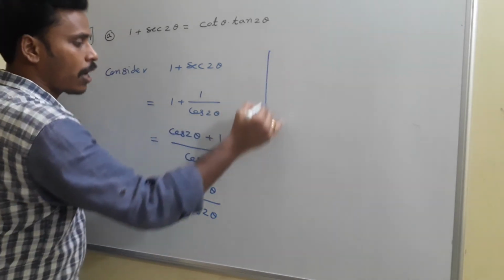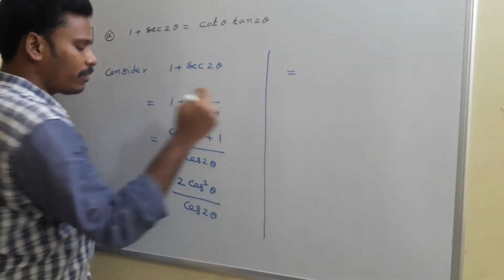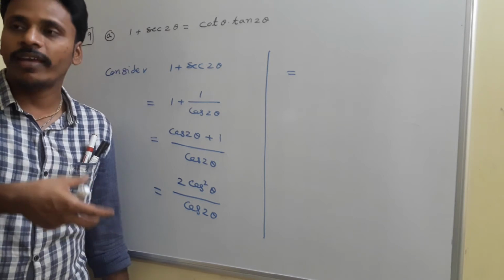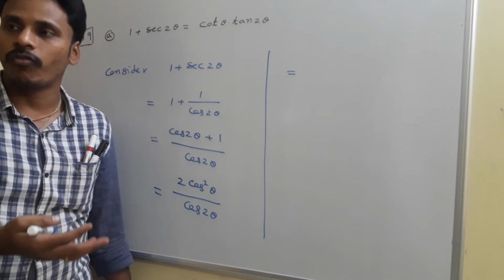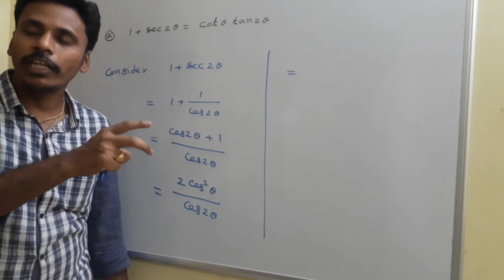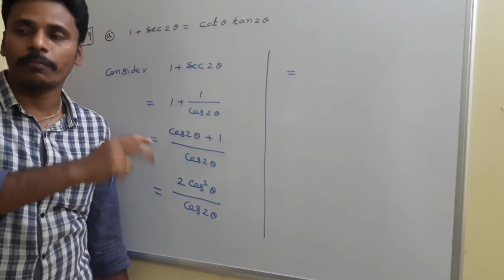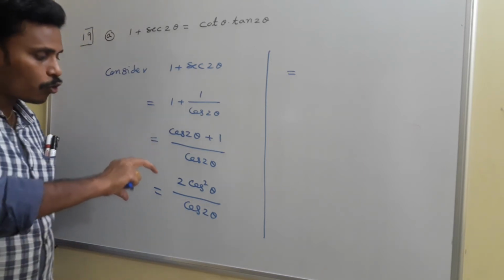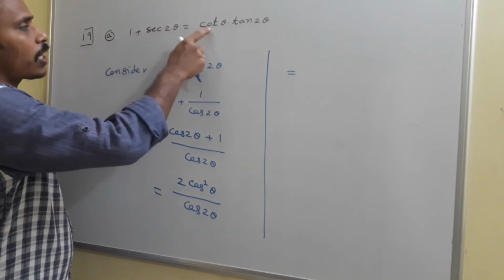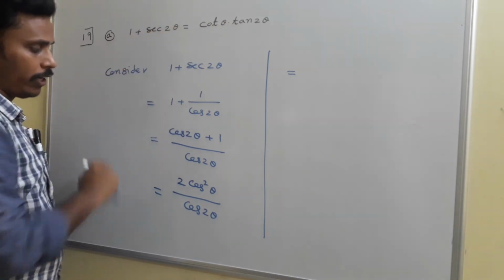How to continue? Trigonometry is completely a logical game. We have certain tools in our hands, like formulas. We need to use those formulas and make something, so we try to make up like that. This 1 plus secant 2 theta is cot theta into tan 2 theta.